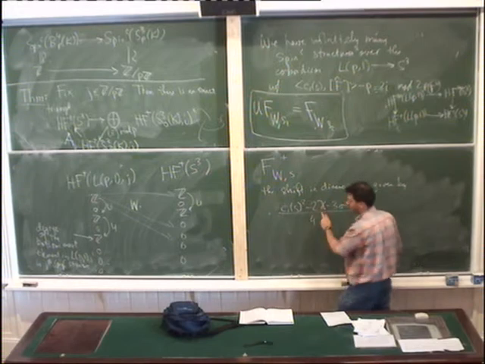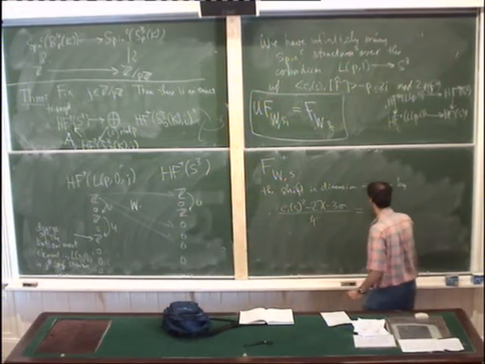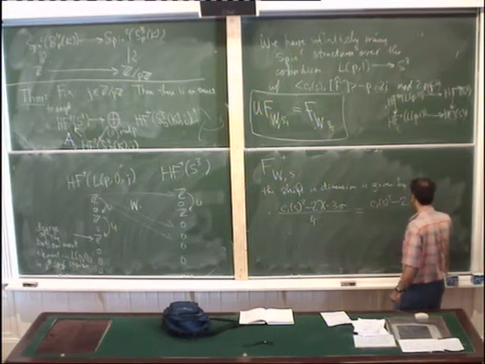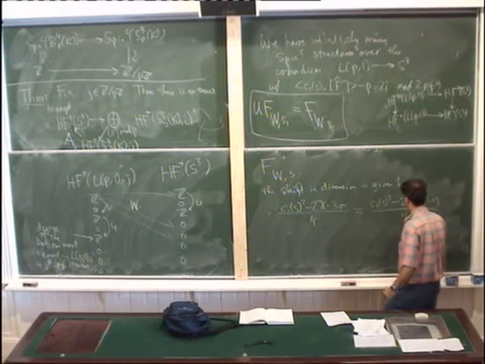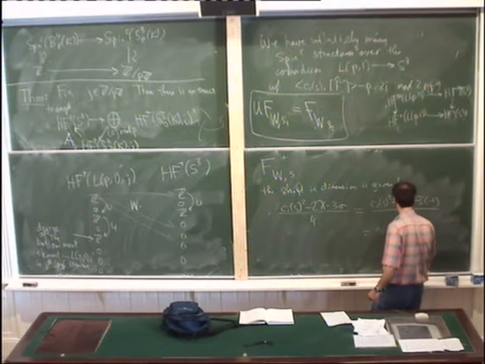But this is a two-handle addition that we're talking about, so its Euler characteristic is 1 and its signature is minus 1. And we're looking at C1 of S squared plus 1 over 4.